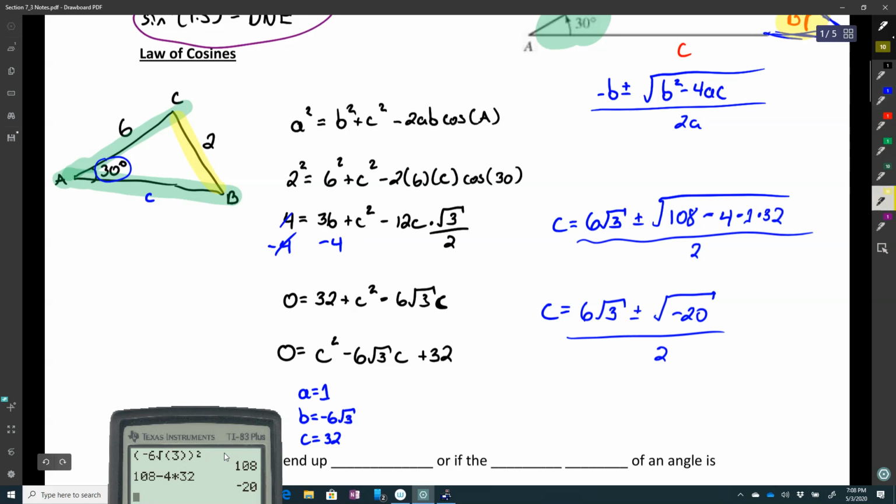Now this is where you stop, because you have the square root of a negative in there, that means that we have imaginary solutions. So there's no real number that c can be.